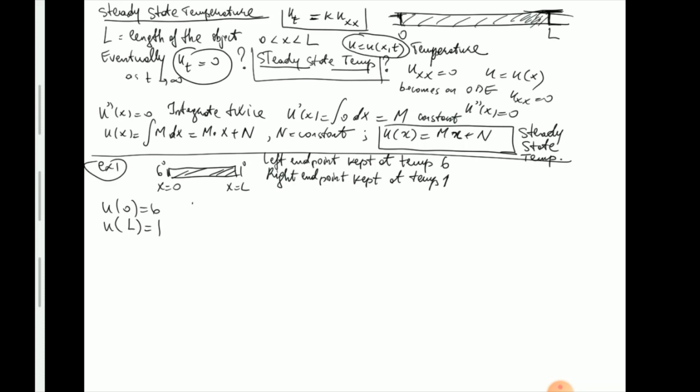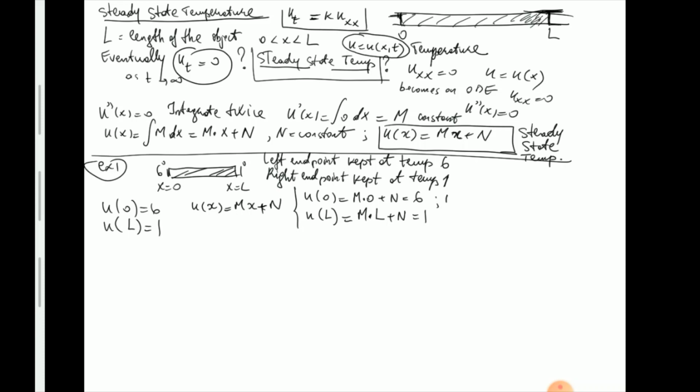And remember, the steady state temperature is mx plus n. So we simply plug in the boundary conditions and try to find m and n. So we have a system basically. u of 0 equals m times 0 plus n equals 6. And then u of big L, which is the length of the object, is m times L plus n equals 1.